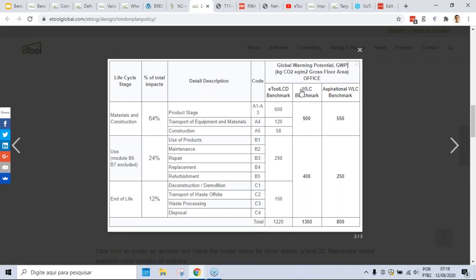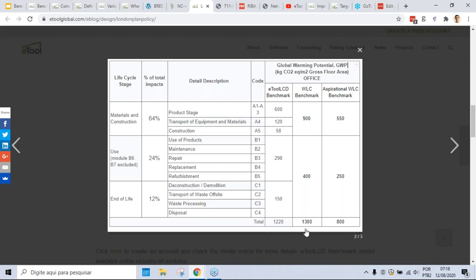So this is the minimum requirement, and we also have an aspirational target for those that are willing to push the boundaries further. So when we're looking at the total results here, we're talking roughly around 1 ton per meter square.